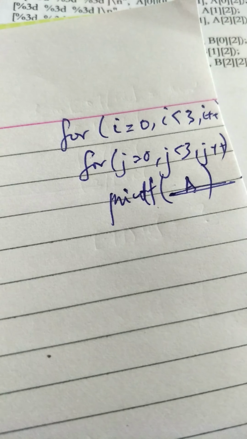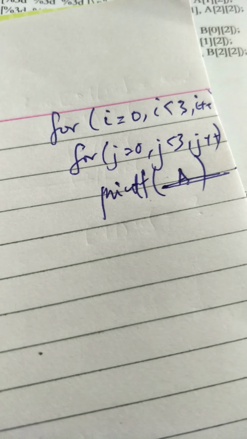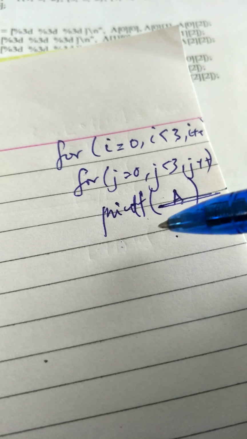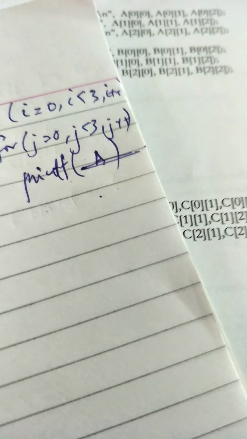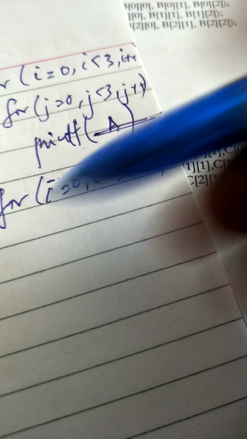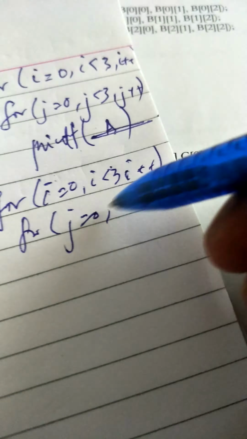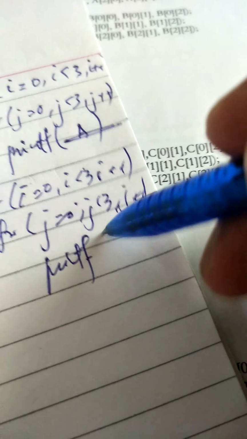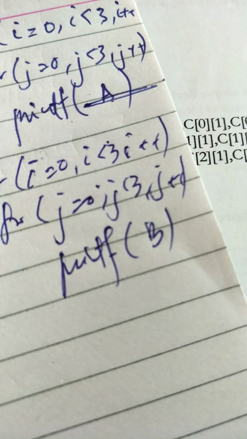And then to print matrix B, you can print it here, but what happens if we print here, they might mix with matrix A. So to split them, we do it differently. Another loop, I equal to 0, I less than 3, I plus plus, and another loop, J equal to 0, J less than 3, J plus plus, and then print matrix B. Okay, you can do this.